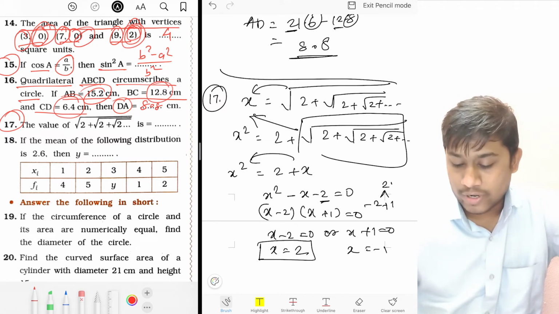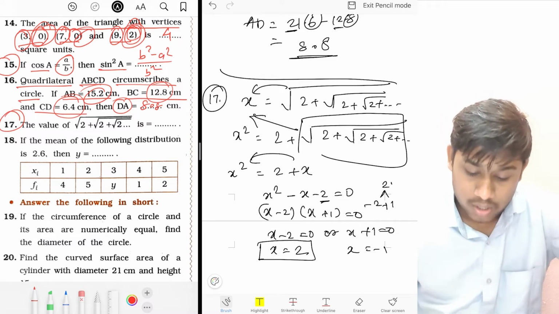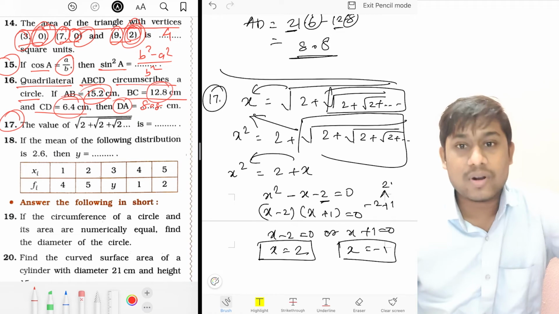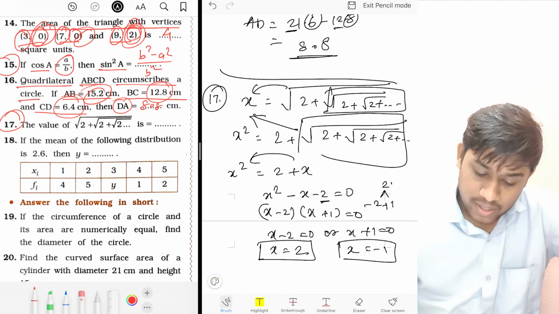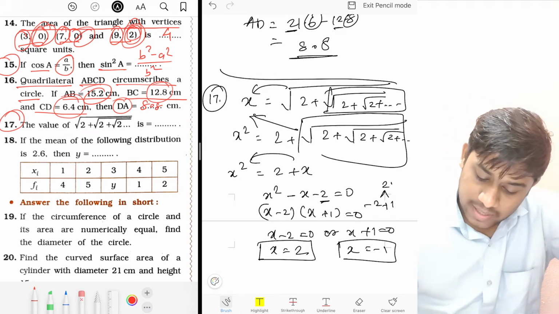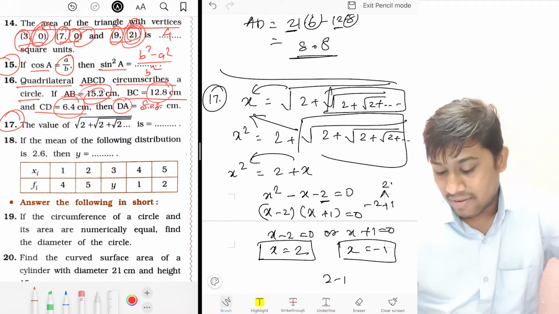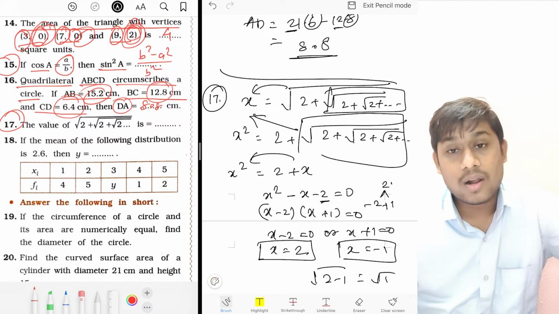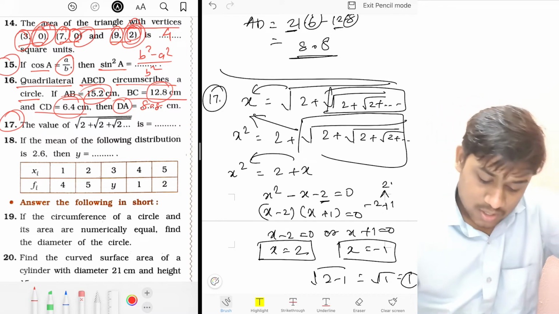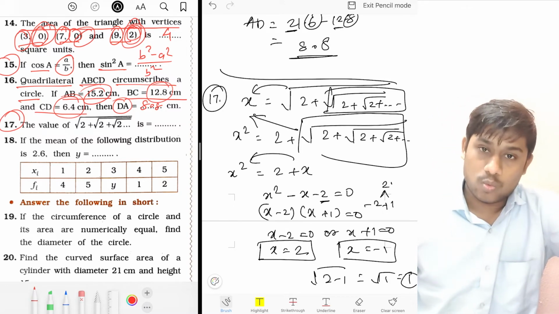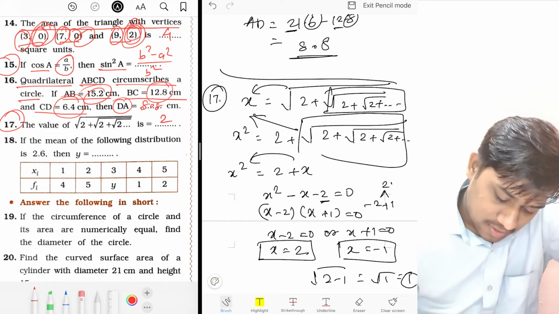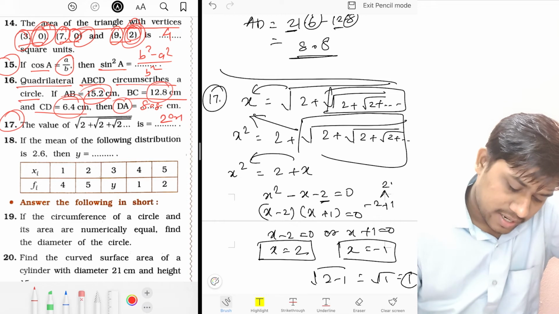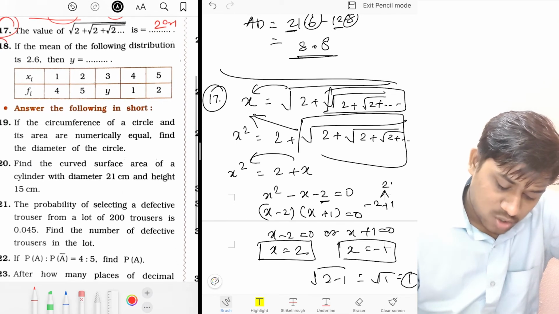Absolutely. So I am going to take x is equal to 2. Why am I not going to take x is equal to minus 1? Because if you write this as minus 1, it will become 2 minus 1, and the square root of 2 minus 1 will absolutely become 1, right? So it is equal to 1. So it is not possible. So here we are going to write 2.